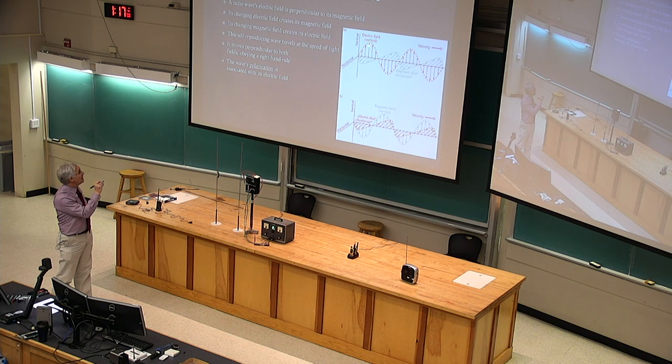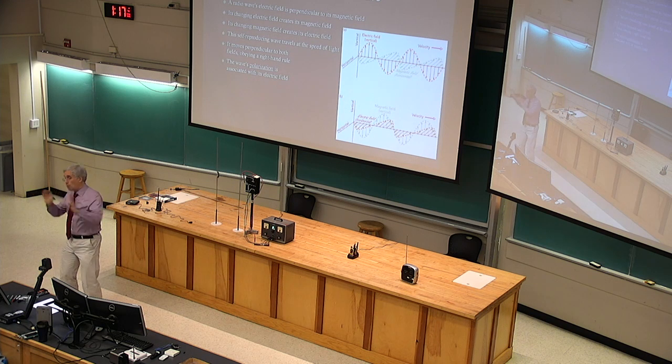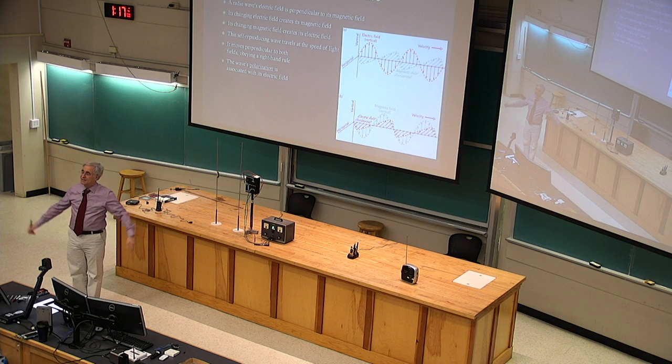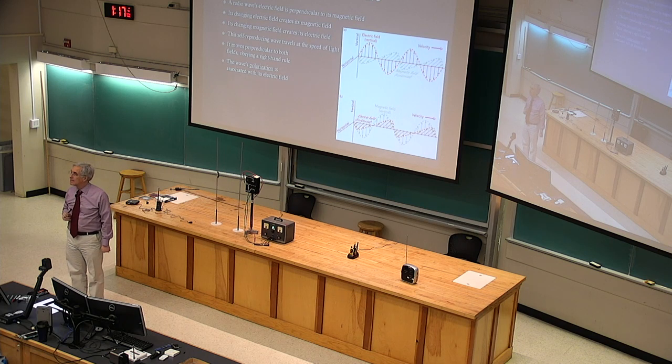Watch that crest go by. A little while later, this whole structure will move to the right, and a new crest will come in to take the previous crest's place, and you can watch them go by. 1, 2, 3, 4. That's what's known as the frequency. The number of crests you see go by, or number of features you see go by of the same feature per second. That's frequency. Is that okay?